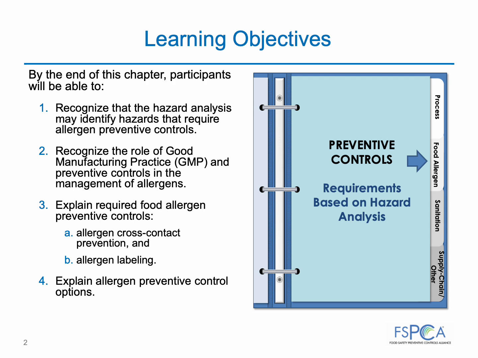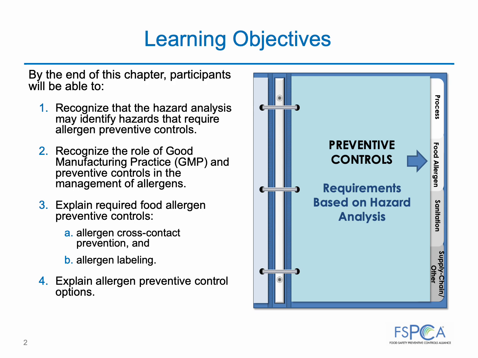Allergen testing, which is a potential verification procedure, is also briefly discussed in the context of allergen cross-contact prevention. As a reminder, other elements of verification were discussed in Chapter 10. This is not intended to be a comprehensive training course on allergen management. Thus, references are provided for further information at the end of the chapter.